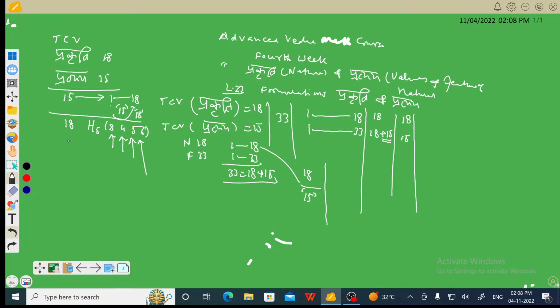And 15 is the value of the dimensional frame of a 5 space, 1 into 3 into 5.